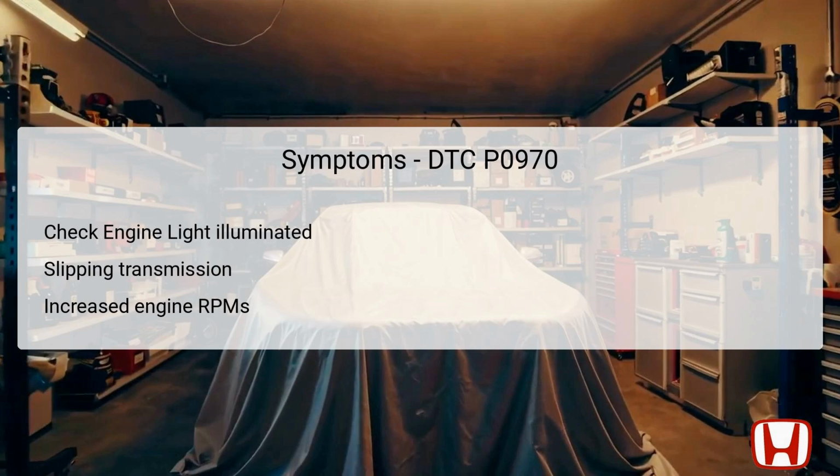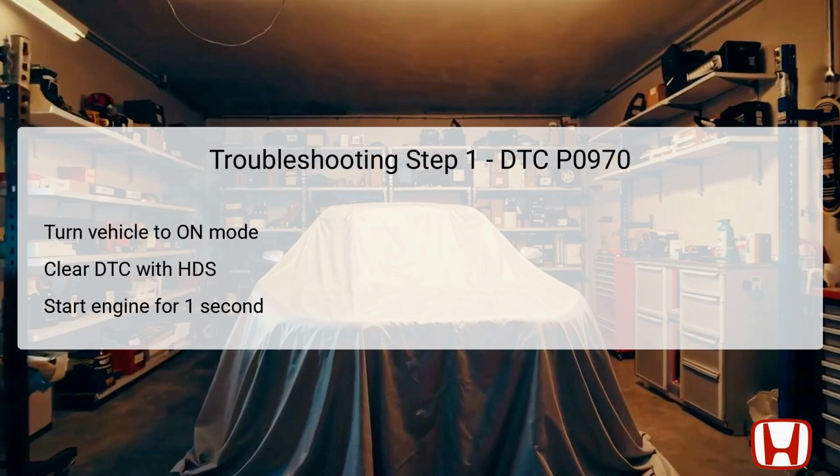The first step in troubleshooting DTC P0970 involves the verification of the problem to ensure the error persists. Begin by turning the vehicle to the on mode without starting the engine. This action allows the onboard diagnostic system to initialize.